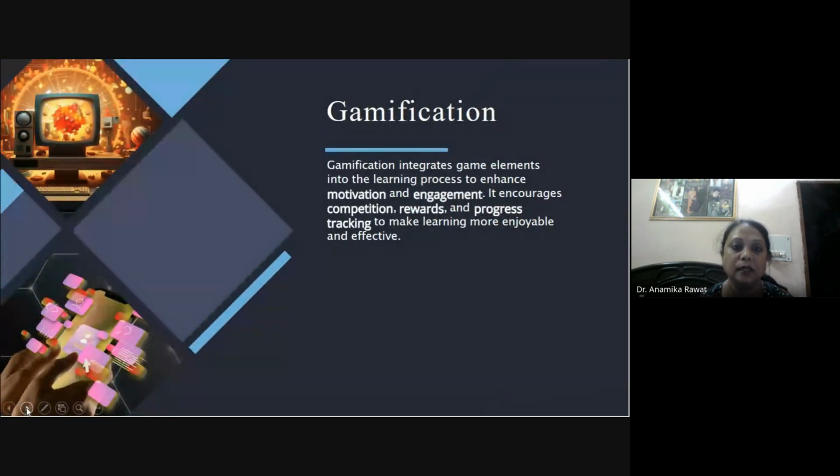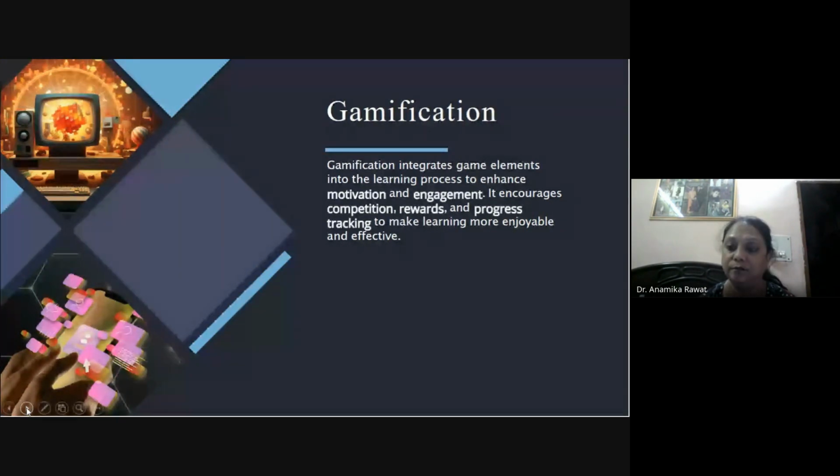gamification. I think everyone knows about that. In today's scenario, we analyze what types of students are available in the market. They have different backgrounds, but they are all the same in using mobile phones, technology and social media.